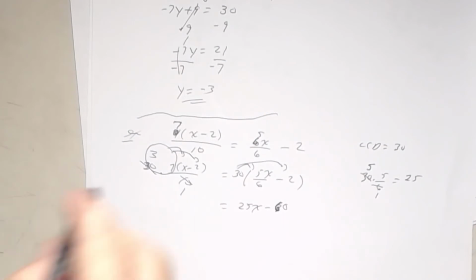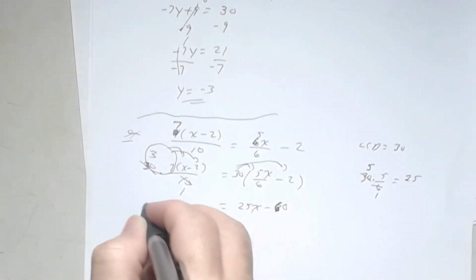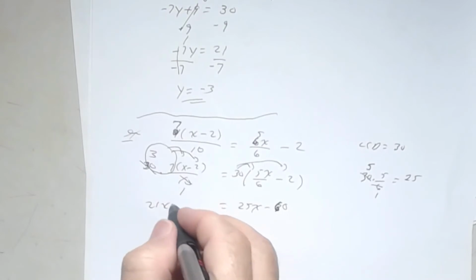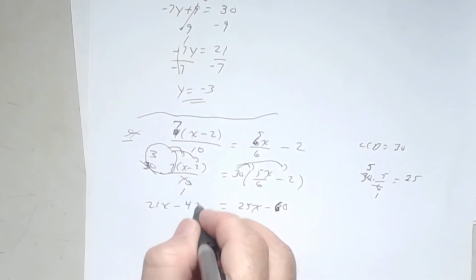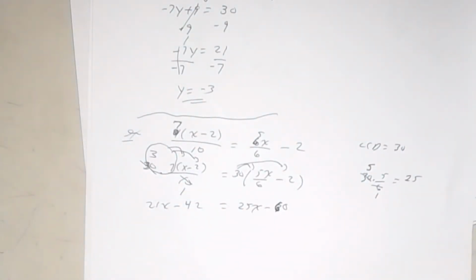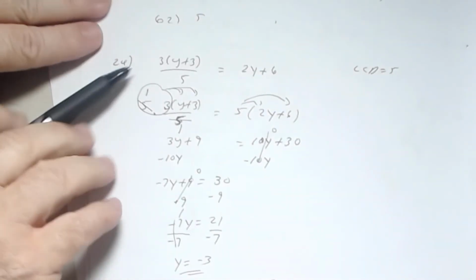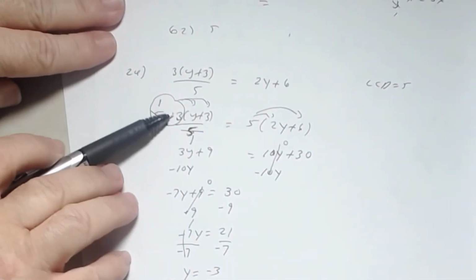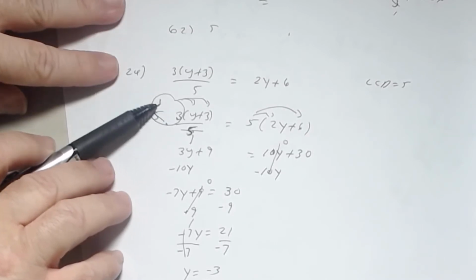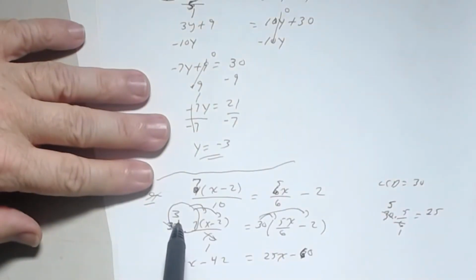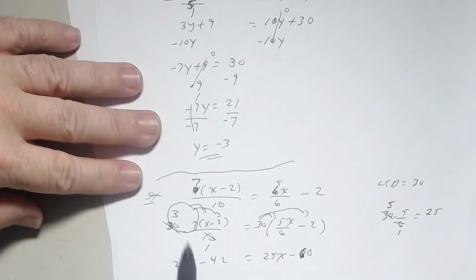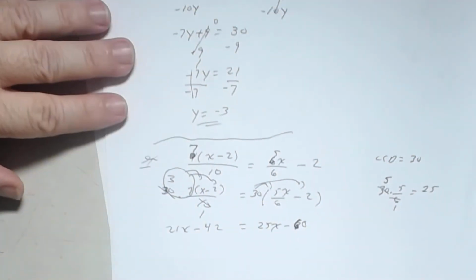All right. So what's 21 times x? And then what's 21 times a negative 2? All right, so that's what you get. Okay, so in both cases you had parentheses, you distributed, but be careful with the left because previously that was a 1, and then 1 times 3 is 3, so that's why we just distributed 3 because that was a 1. But here it's not a 1, it's a 3. 3 times 7 is 21, so you distribute the 21.